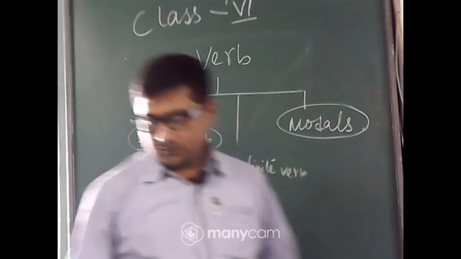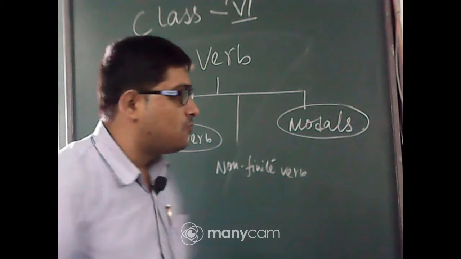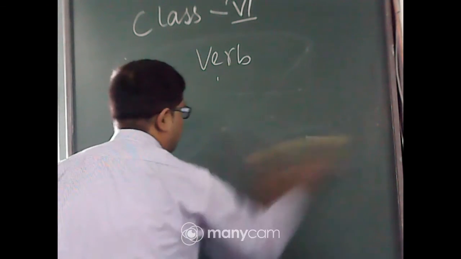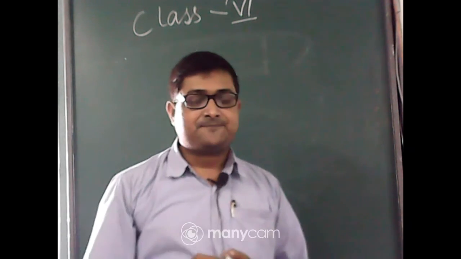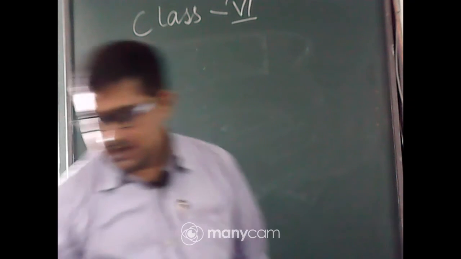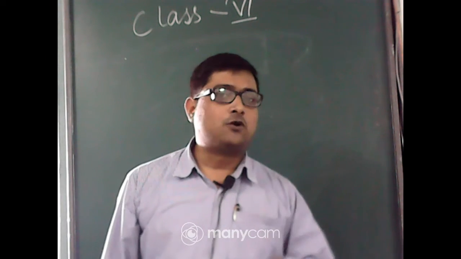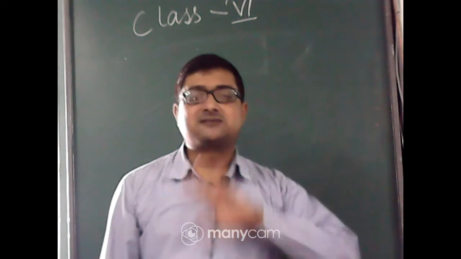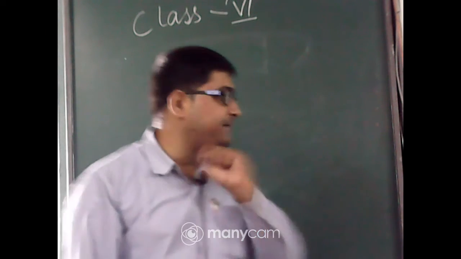I am not going into the detailed difference between a modal and an ordinary verb yet, just want to show you before we come to a detailed analysis of modals. Here it is stated that modals are placed before ordinary verbs. Now what are ordinary verbs? Ordinary verbs are sometimes called main verbs or finite verbs. Let me write a sentence here.